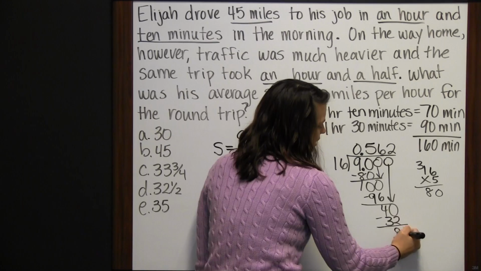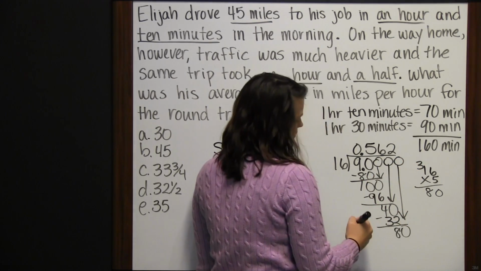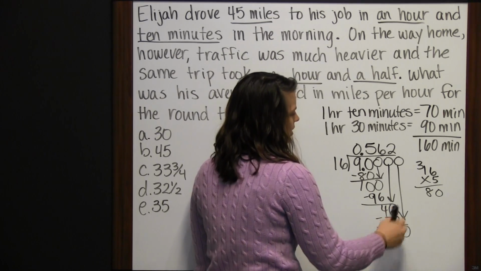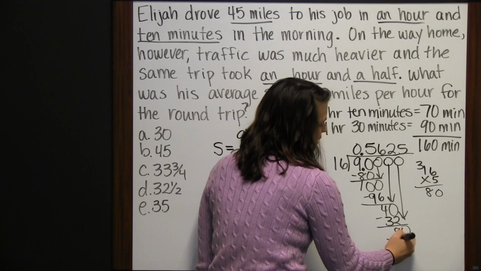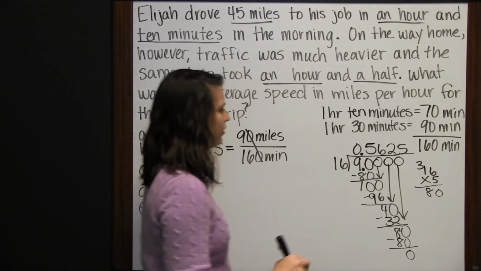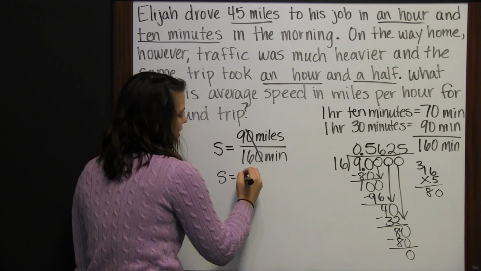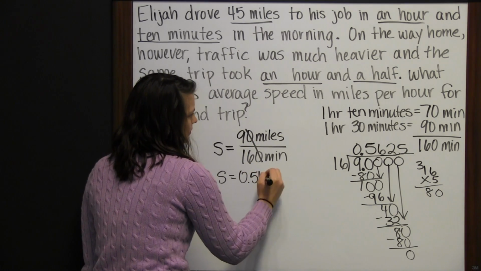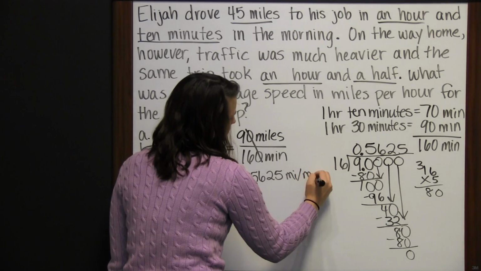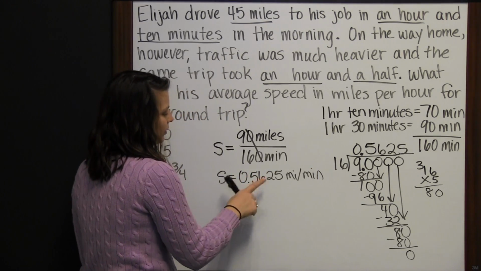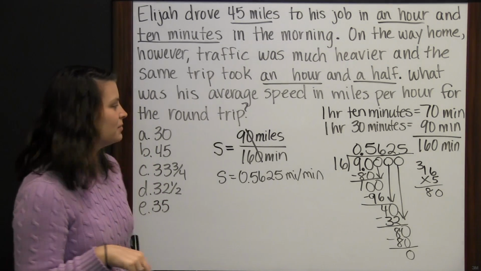So we subtract and we get 8. Add another 0, bring it down. And 16 goes into 80 5 times. 16 times 5 is 80. We subtract and get 0. So that means that his speed in miles per minute would be 0.5625. But they didn't ask us for his speed in miles per minute.